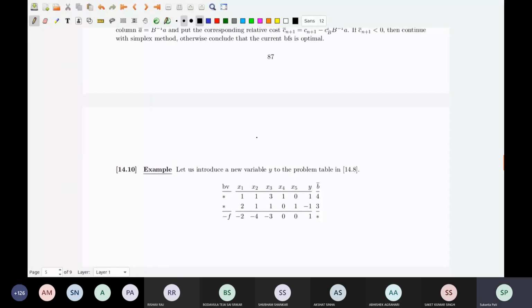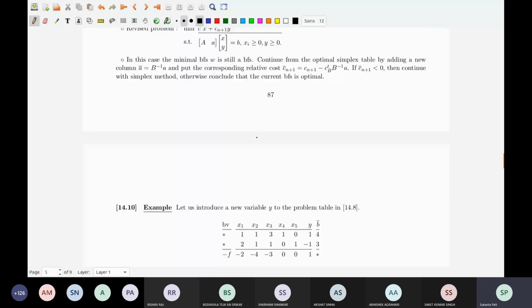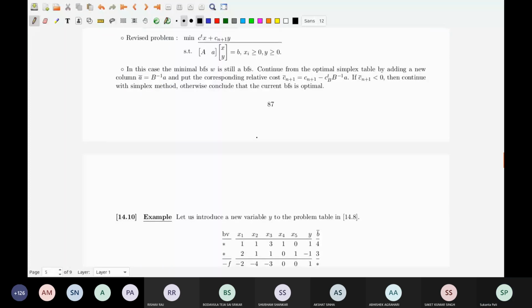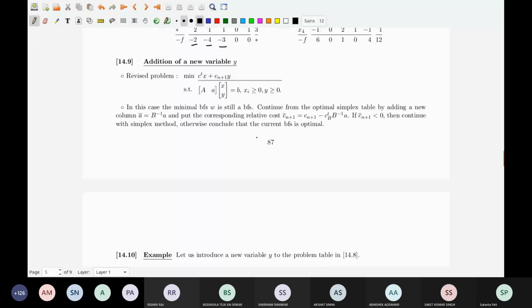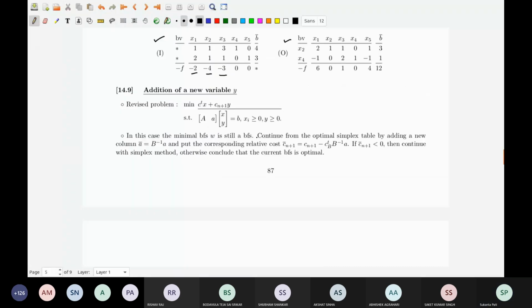Fine. Now, your optimal table is not visible over here, so let me write the optimal table over here so that you can see.